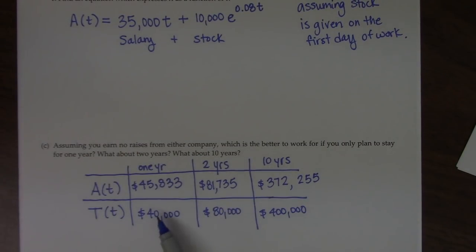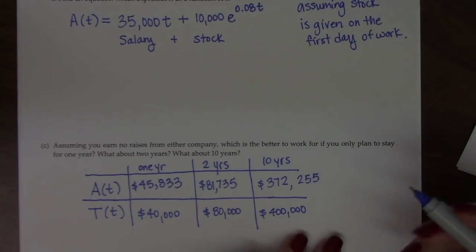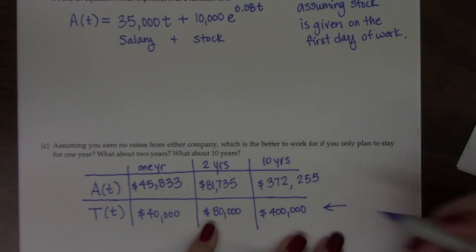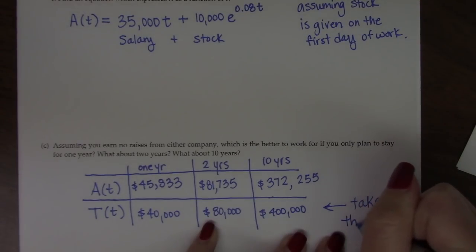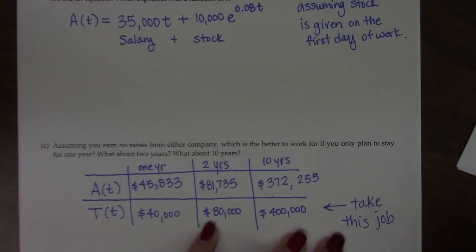So even though you make more money quicker with Acme, over time, you actually do better cumulatively if you take the straight salary in this particular case. So if you only plan to work there for 10 years, right? We should take this job because we earn about $18,000 more.